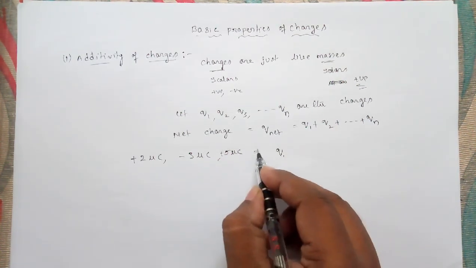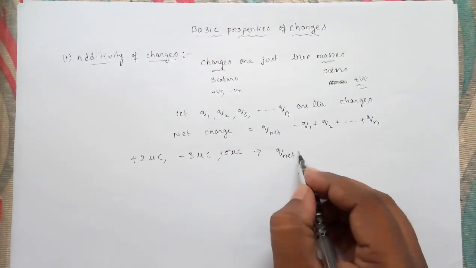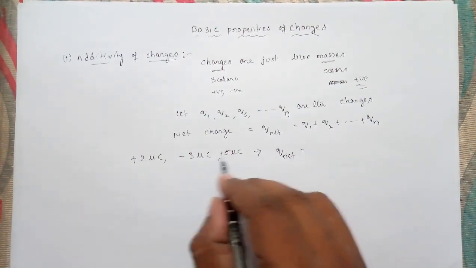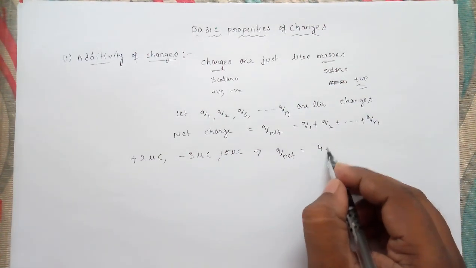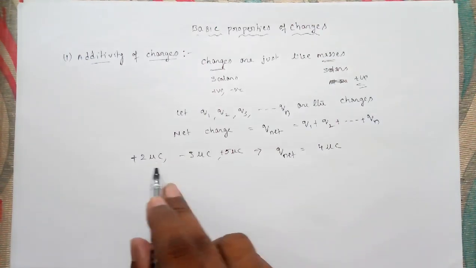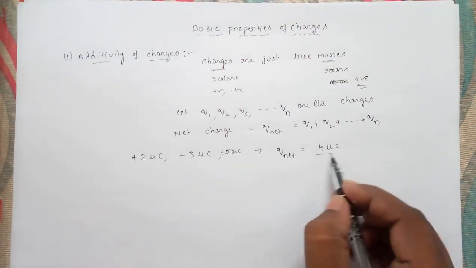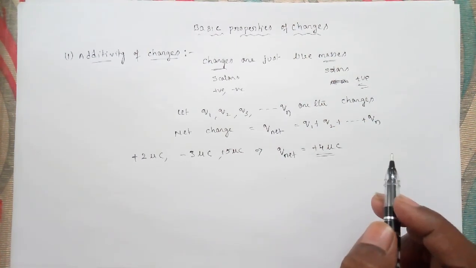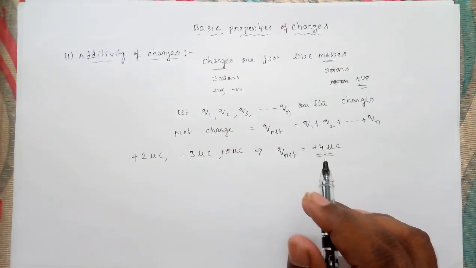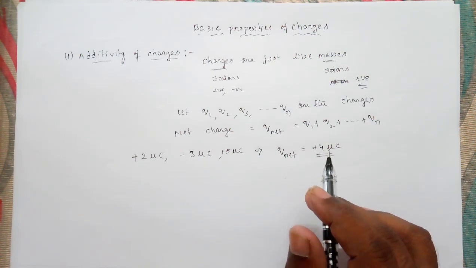In this case q net is equal to plus 2 minus 3 plus 5, that is plus 4 microcoulomb charge. So this is generally what we take as additivity of charges.